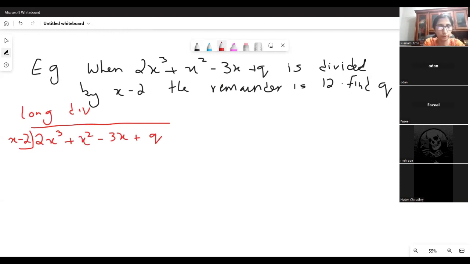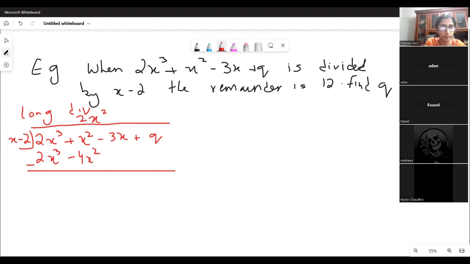The first value I'll write as quotient would be 2x square, because when we multiply x with 2x square, we get 2x cube. And with that, we get minus 4x square. Then we have to change the signs, minus and plus. And we get 5x square, minus 3x is brought down, and so is q.